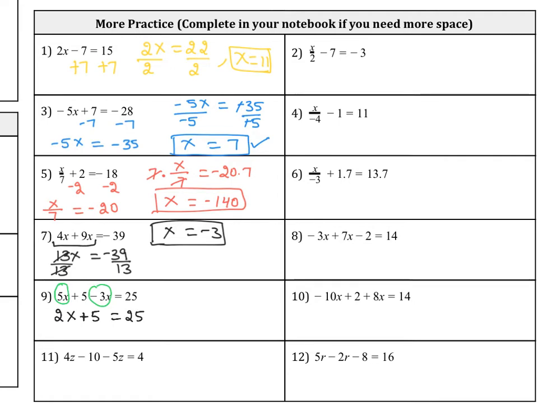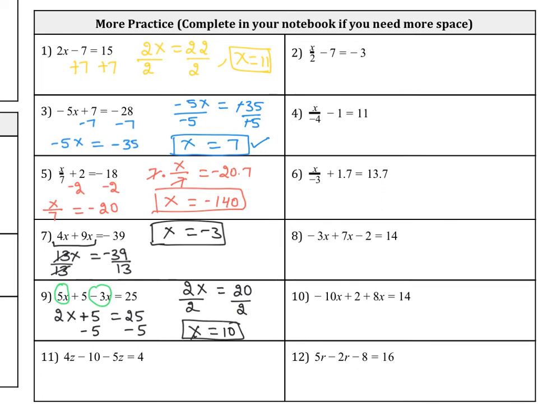Now we are going to solve for x, and to do that we are going to use the inverse operation for 5. So subtract 5 from each side. You're going to get 2 times x equals 20. Opposite operation for multiplication is division. So you're going to divide 2 on both sides, and x will be equal to 10.